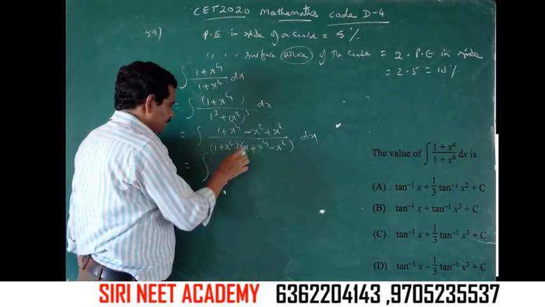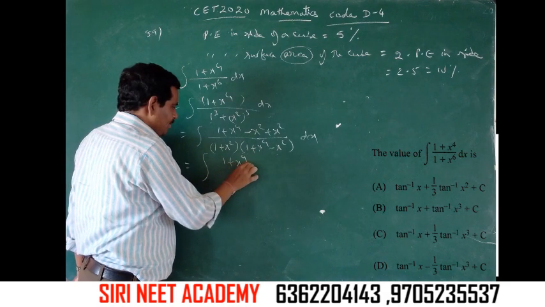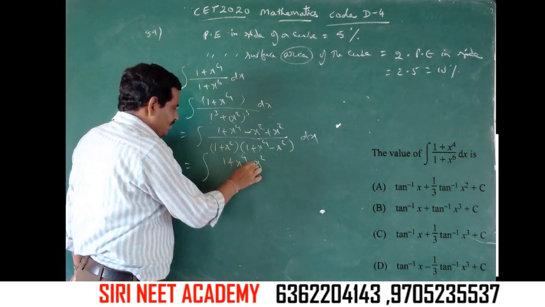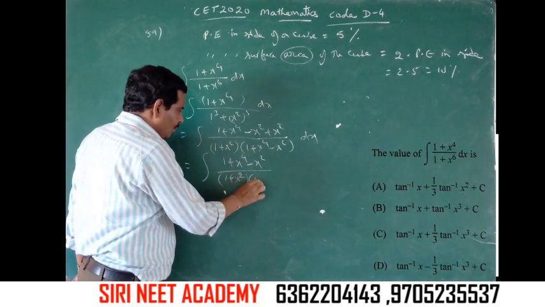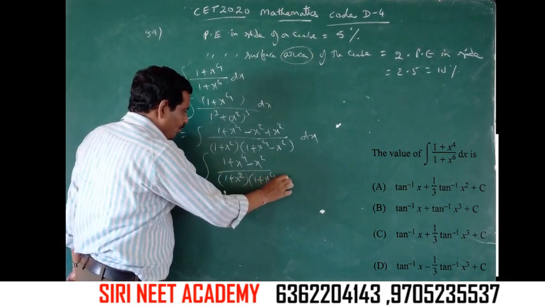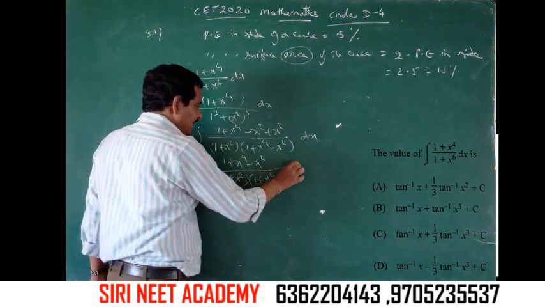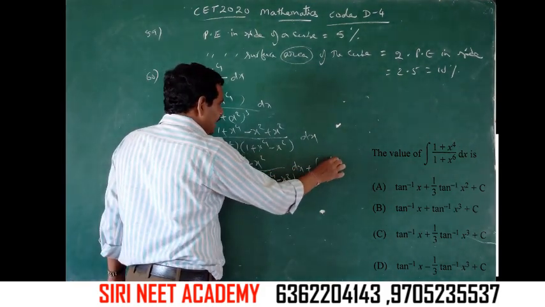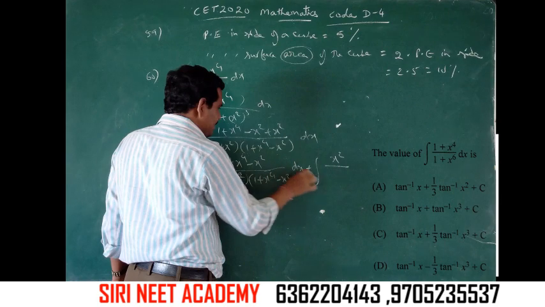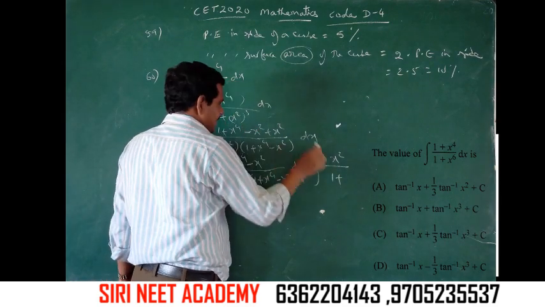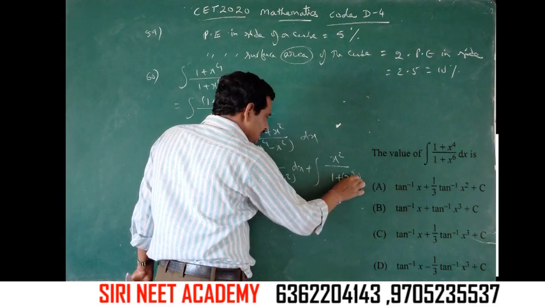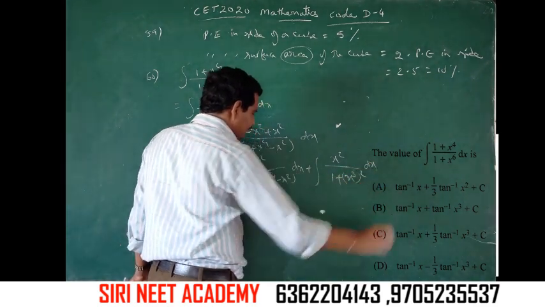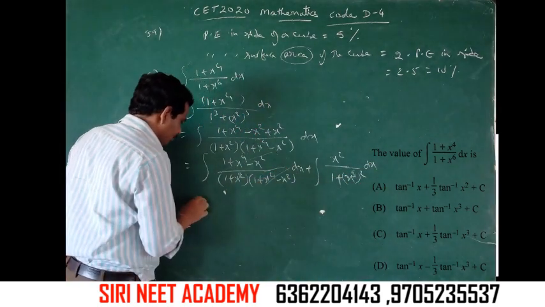Now separate. 1 plus x power 4 minus x square divided by 1 plus x square into 1 plus x power 4 minus x square dx plus integral x square by 1 plus x power 6. X power 6 means x cube whole square. Now cancel these two.